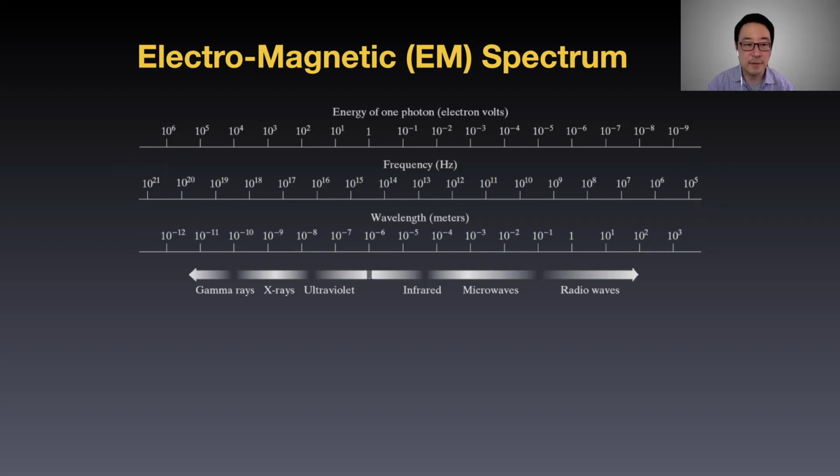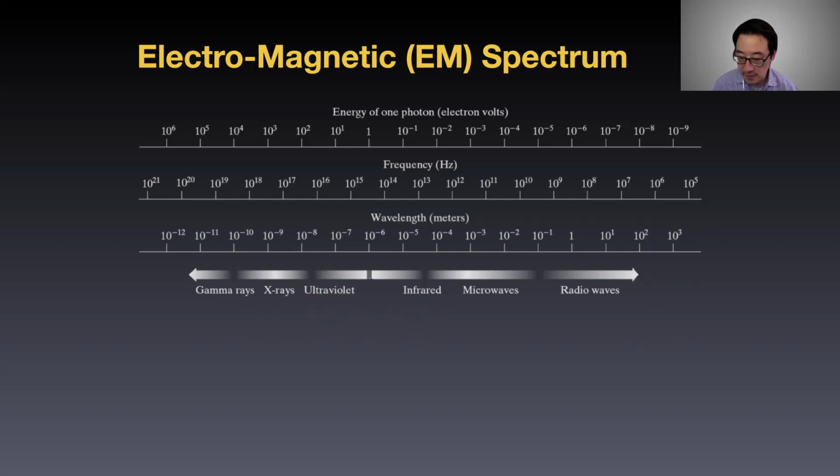Correspondingly, because it's the inverse of wavelength, you're talking about really, really tiny wavelengths here, 10 to the minus 12th meters, right? That's quadrillionths of a meter, I think, up to thousands of meters here in wavelength. And of course, you can see that that spans the range of rays that you may be familiar with, from gamma waves up to radio waves. X-rays are down here, and then this range, ultraviolet to infrared, right?